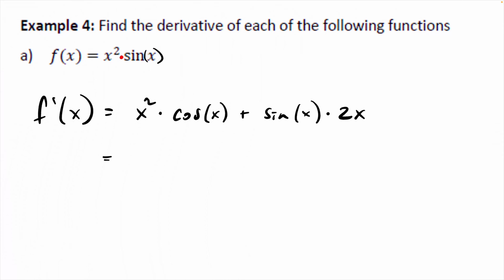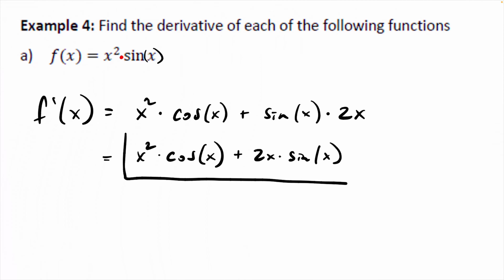These 2 are not like terms. You can factor out an x, but there's really no reason for that. I would just move the 2x to the front of the sine. They're not like terms, so you can't add them. You're done. That's as far as you can simplify. Okay?